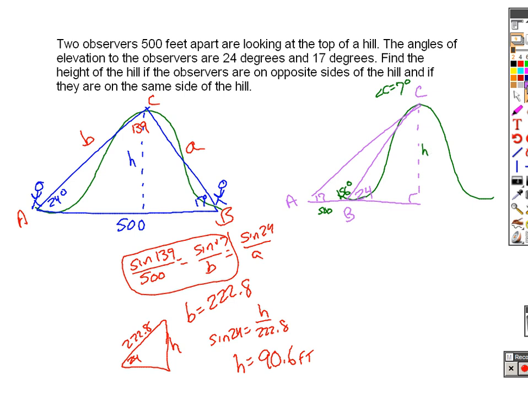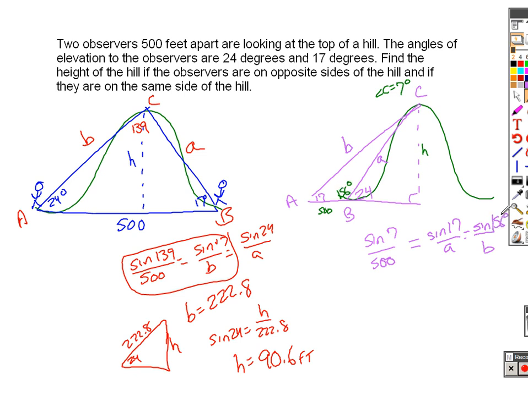I'm going to set up in this one, sine of 7 over 500 is going to equal sine of 17 over A. Again, I'm just going to find side A. I could have said side B, which would have been sine of, I would need to use the big angle in that case, 156.